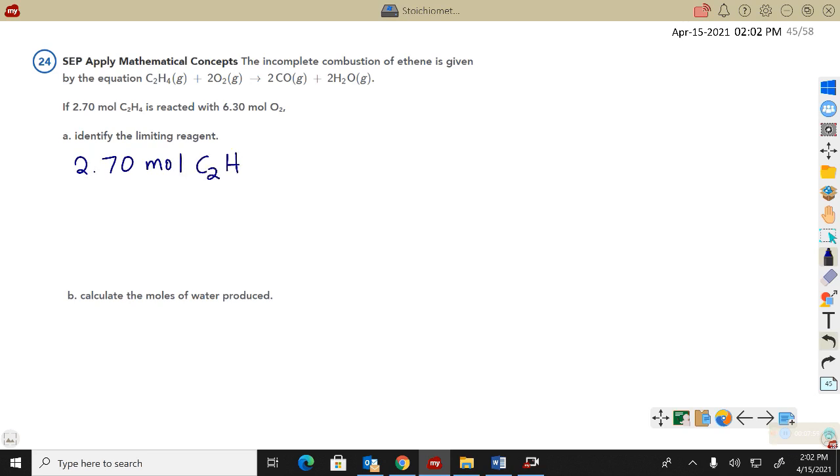Let's say I start with this guy because it comes first. And then you just do a quick little mole to mole switch, cancel moles of the reactant that you chose, and then switch it to moles of the opposite reactant. And then we just plug in the ratio from the balanced equation. So I'm going to plug in 1 to 2.